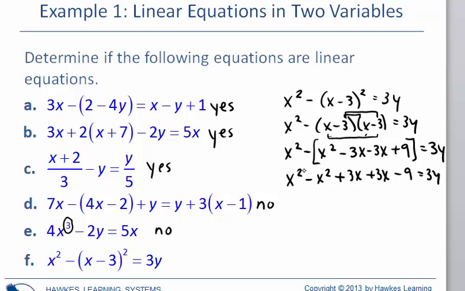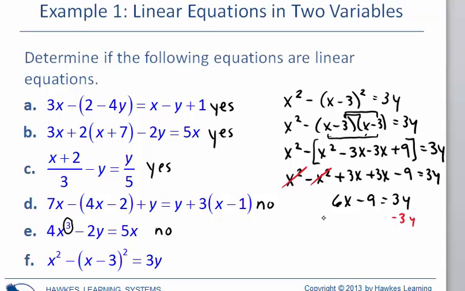As you note what happens, the x squareds will cancel out, which tells me now that I am more than likely going to be dealing with a linear equation. Let's finish it up to be sure. 3x + 3x gives me 6x - 9 = 3y.